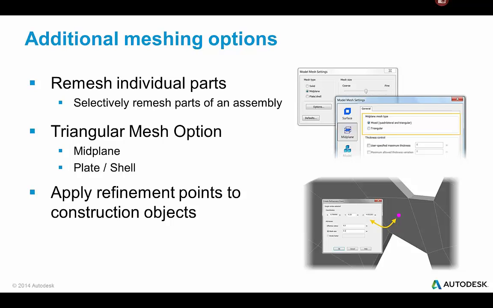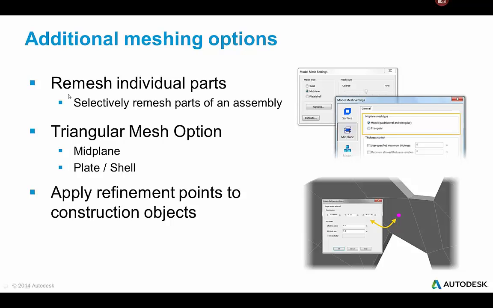And what this allows you to do, of course, is save time on those remeshing activities. But also it allows you to really zone in on how you want to remesh a given part and how you want the mesh matching between those two parts to be.